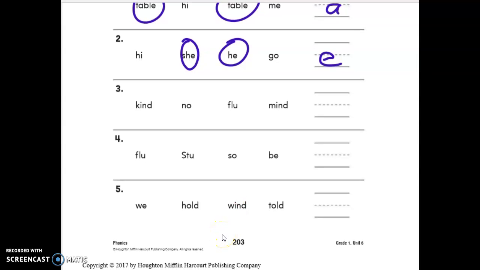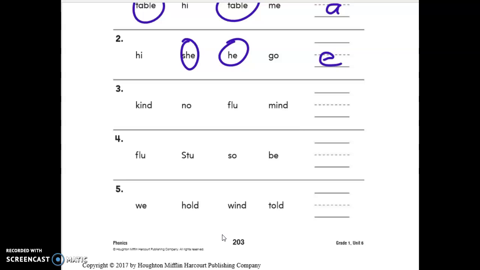Why don't you try to do number 3, 4, and 5 by yourself? Pause the video, try to read the words, and pick the words that rhyme. I will quickly read the words for you, but then I want you to pause it and find the 2 rhyming words and the long vowel sound by yourself and write it on the line. Then you can unpause and see if your answers are correct.